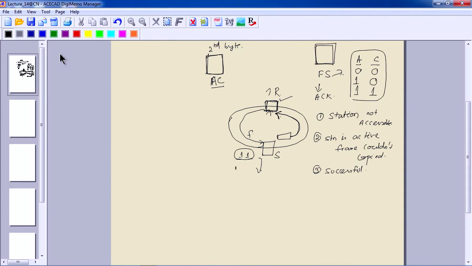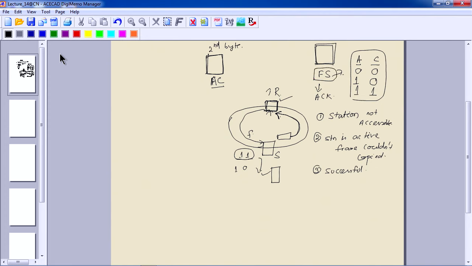But if it is 10 or 00, in both cases it can store the data for a while. For what purpose? For retransmission. So, that kind of acknowledgement is handled by a special field, the frame status, in the frame structure of 802.5.